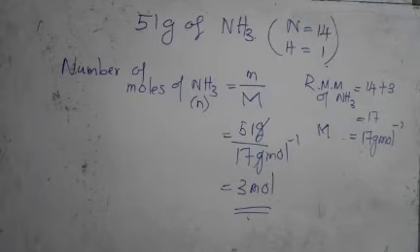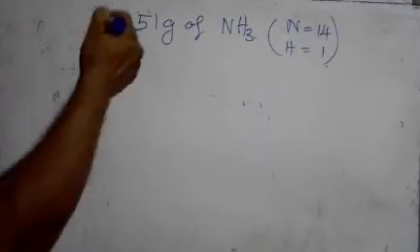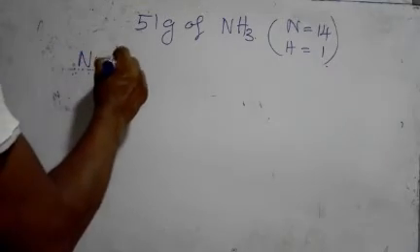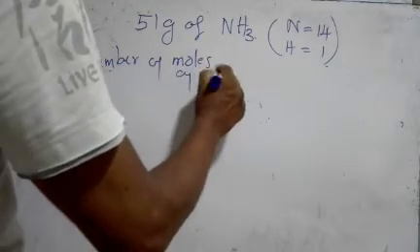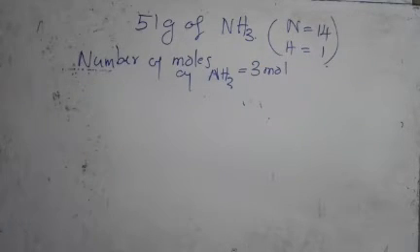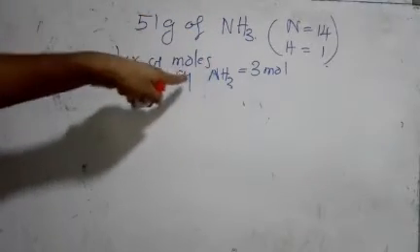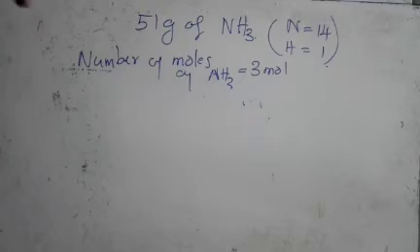If we are told to find the number of ammonia molecules, how can we find it? Here we found the number of moles of ammonia, which is 3 mole. So how do we find the number of ammonia molecules? Now you know in 1 mole of ammonia there is an Avogadro number of molecules.